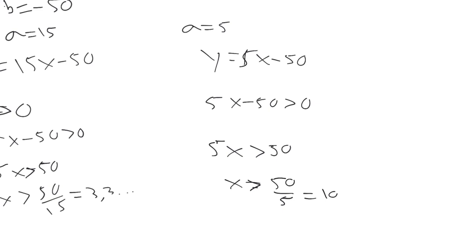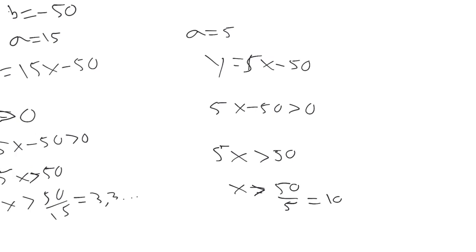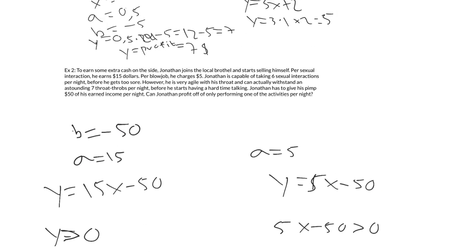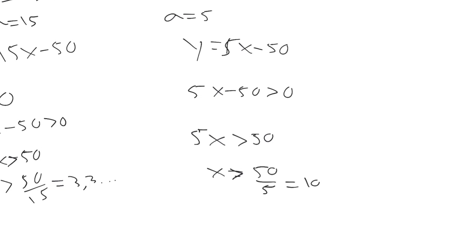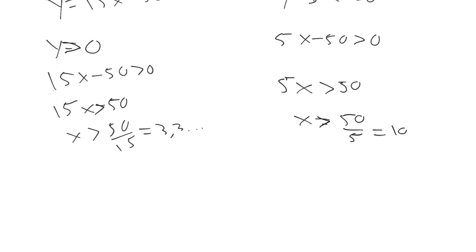And as we saw up here, if he takes 7 throat throbs, he'll have a hard time talking, so he can't resort to only performing blowjobs. So there we have the answer to the question. We're going to get yes here and no here. All right.